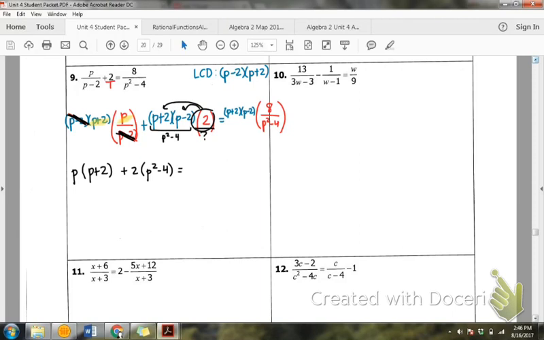Look at the last one. I have an 8 over p squared minus 4, but didn't we say that this is really p squared minus 4? So this whole thing cancels with this whole thing, and we just have an 8 left.